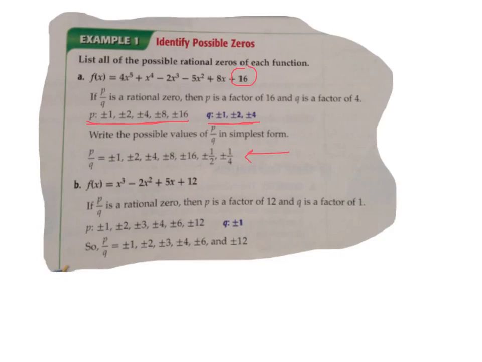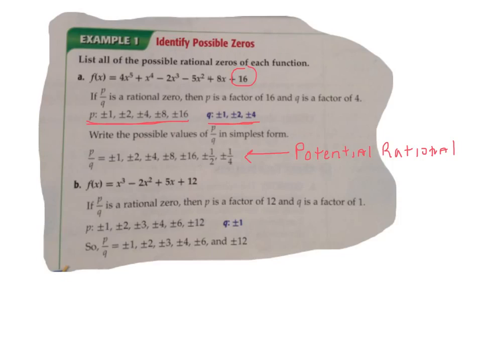And so those would be all of the possible values of P over Q, or all potential rational zeros. If there is a rational 0 for this function, it will be included in that list. If there's not, then you'll know after you try all of them.